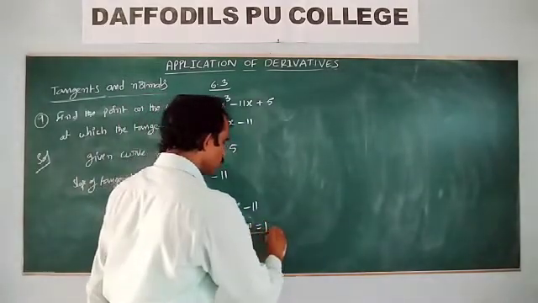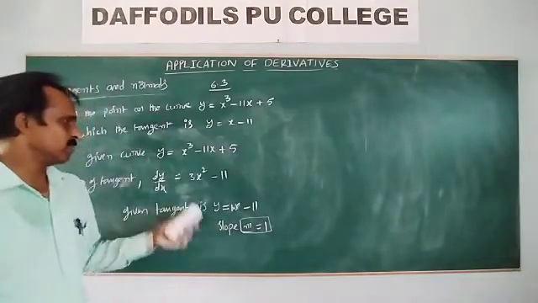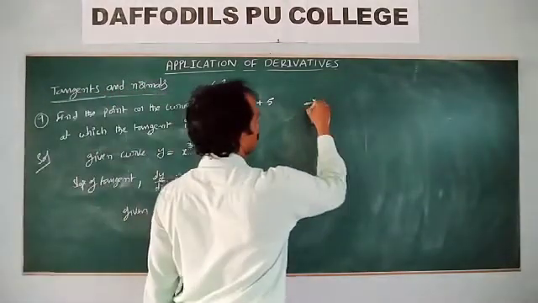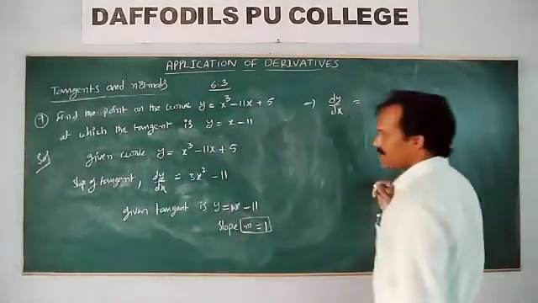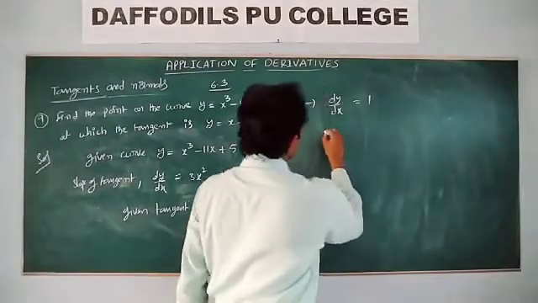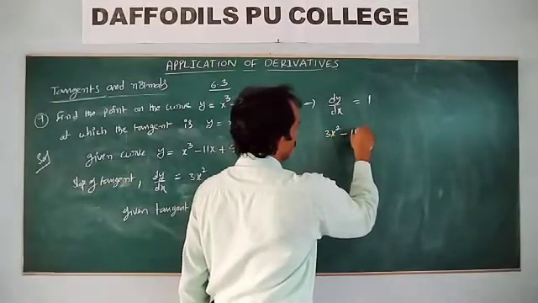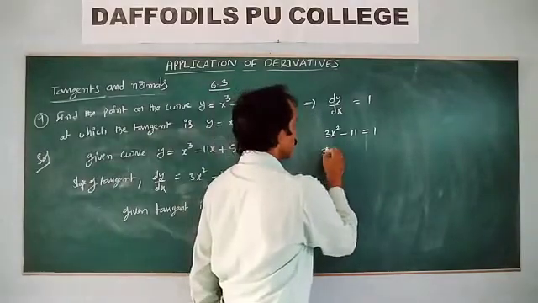Therefore m is equal to 1. Both are the same, that implies dy by dx is equal to 1. What is dy by dx? 3x square minus 11 is equal to 1.